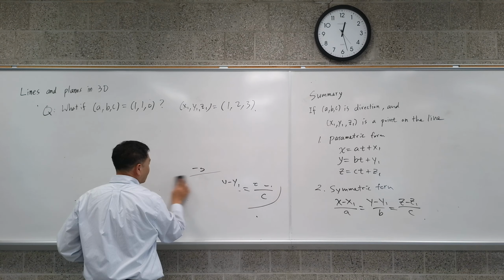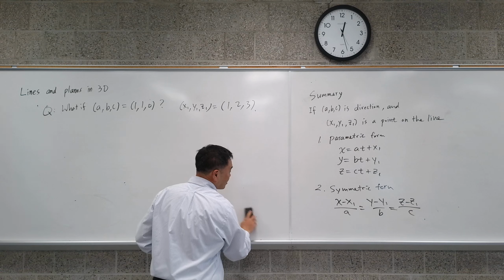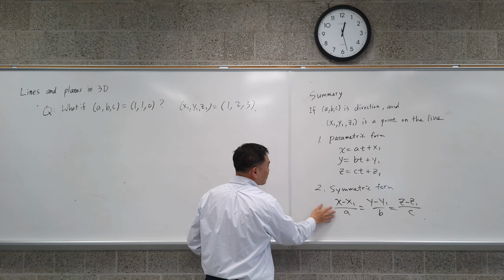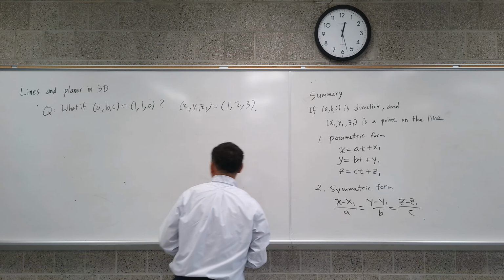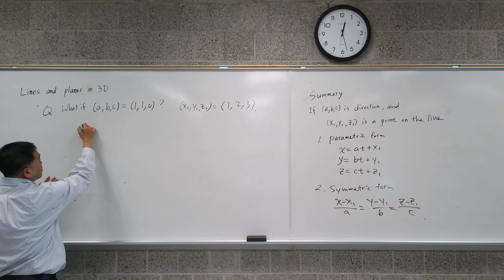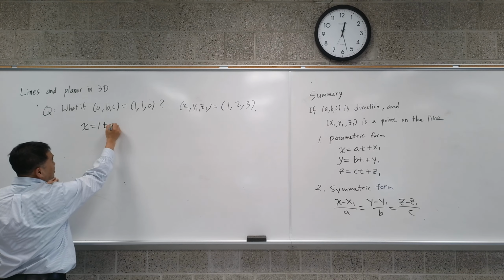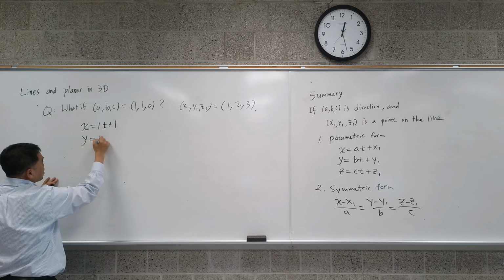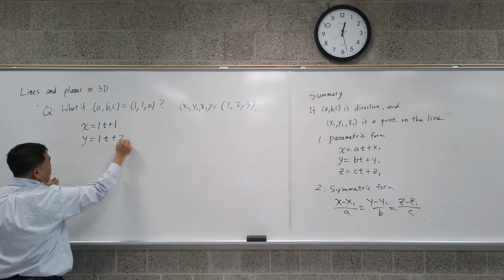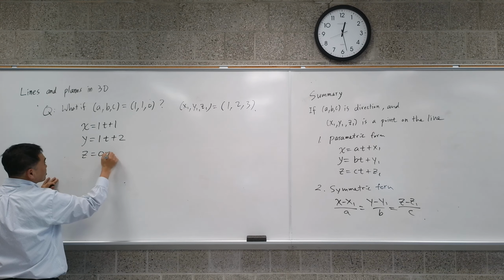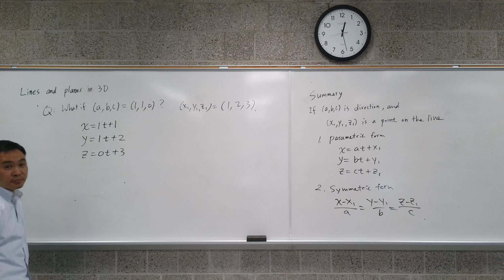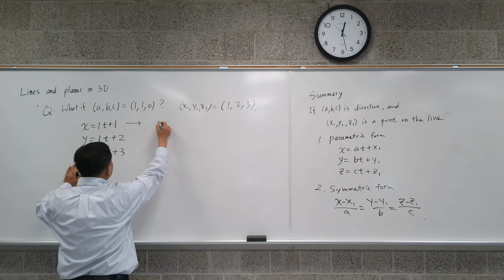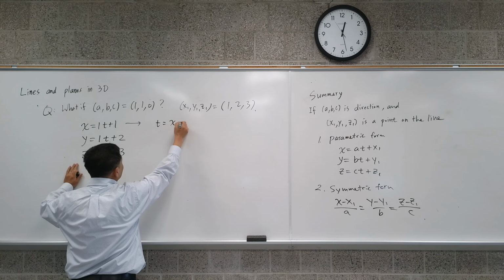Well, in that case, ignore the fact that you have this formula, just go for the parametric form, which says x equals 1t plus 1, y equals 1t plus 2, and z equals 0t plus 3, right? And then you try to solve for t, just like you did before. This one will say t equals x minus 1.